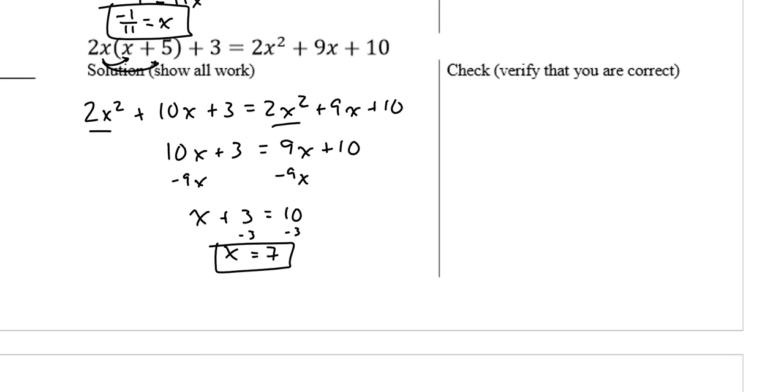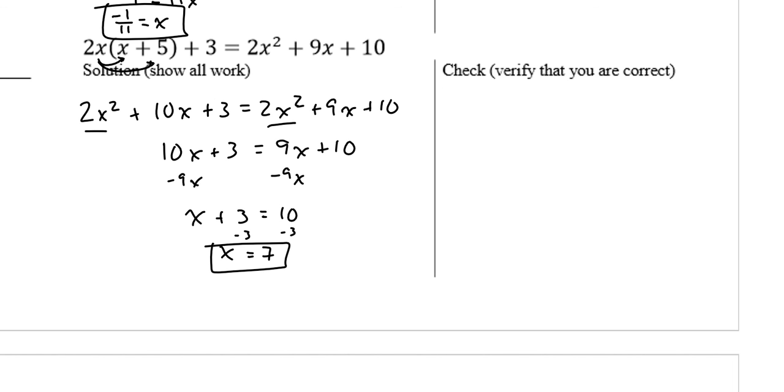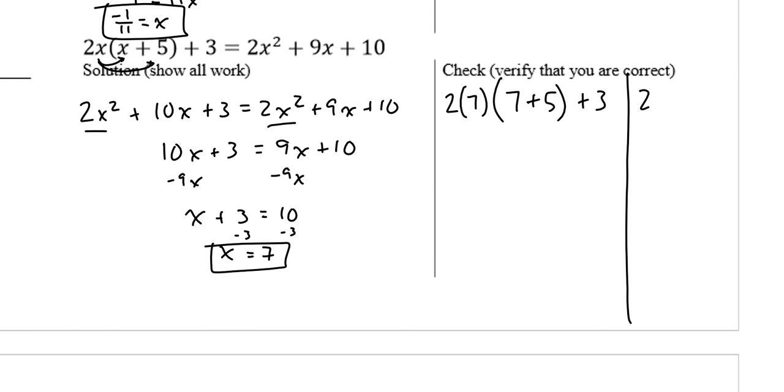And then to verify that that really is the case, I'm going to go ahead and plug that value in. So I think I'll just do this manually. This is going to be a 2 times a 7, and then I have to multiply it by the quantity of 7 plus 5, and then I add a 3. And then on the other side of this, we're going to take 2 times 7 squared.